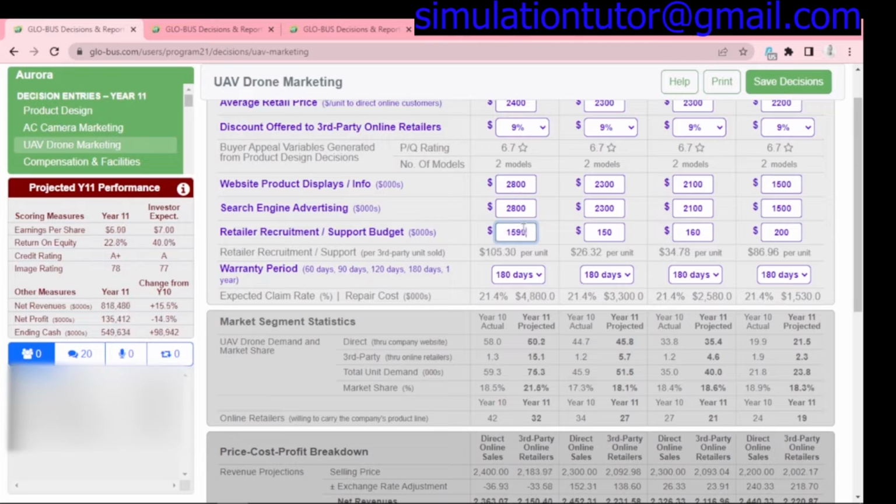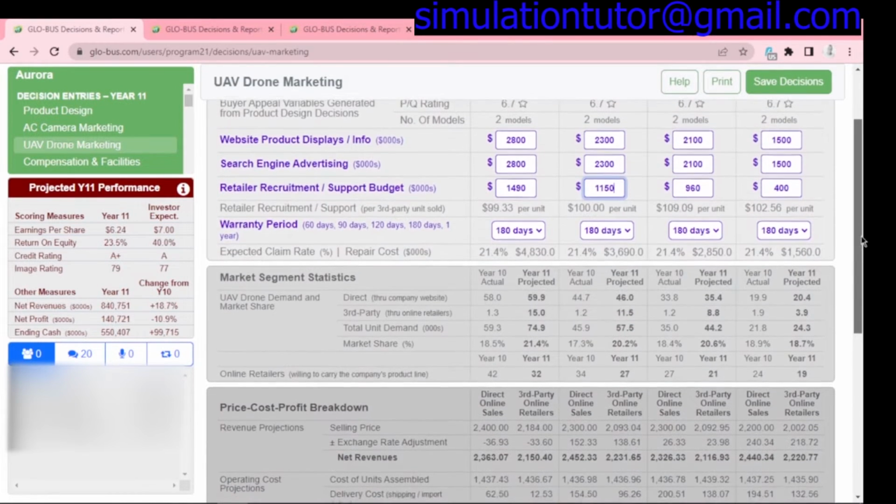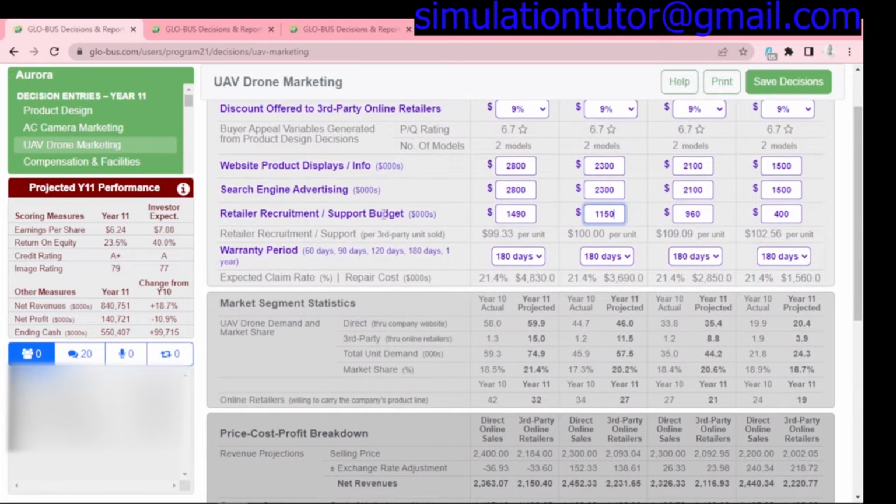So we can increase this up to maybe, let's say, 1490. We'll increase this to about 1050. Let's increase this to about 860. I think that's a fine figure. And then about 300. So I think we are done with the retailer recruitment support budget.